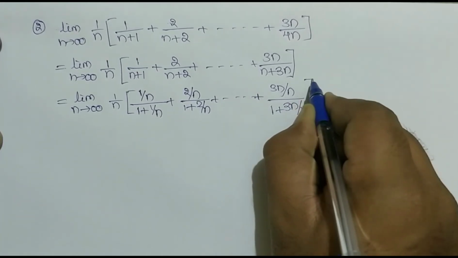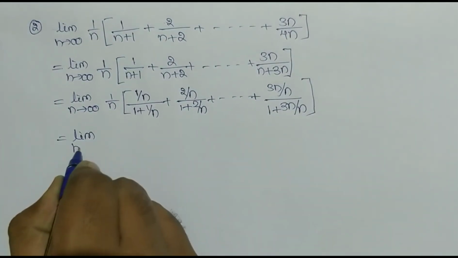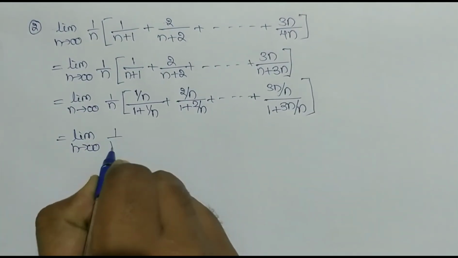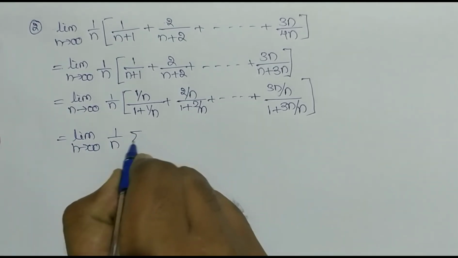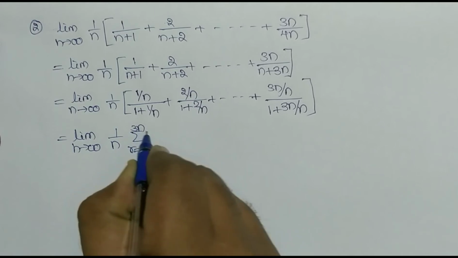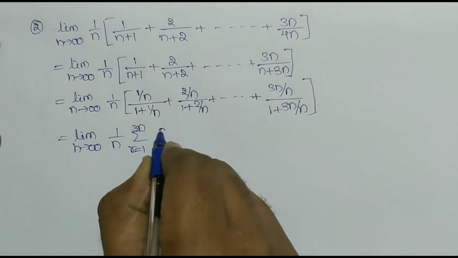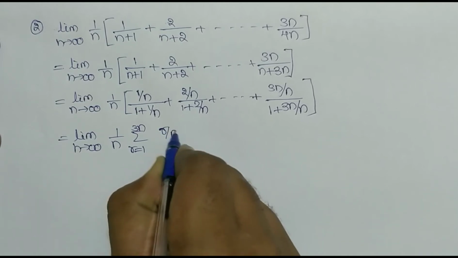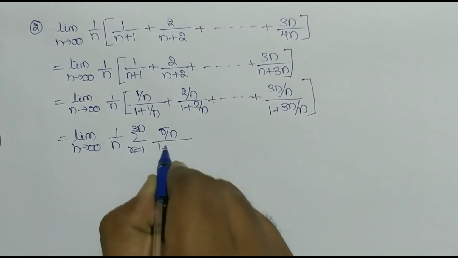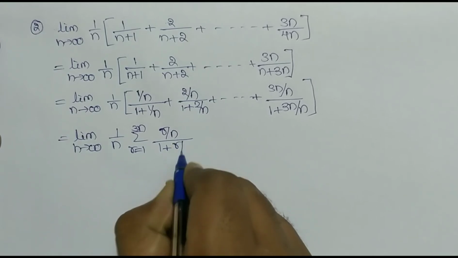So you can write it as limit n tends to infinity, 1 upon n, summation r varying from 1 to 3n, r by n upon 1 plus r by n.